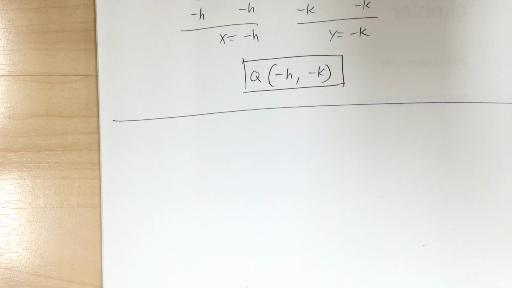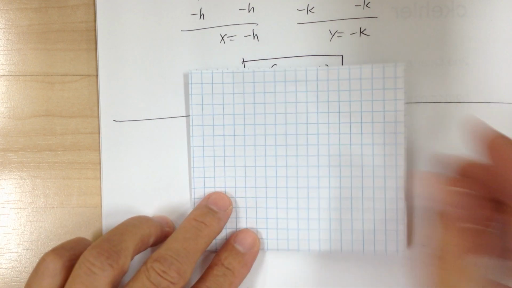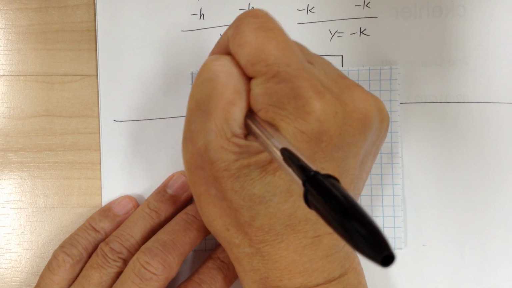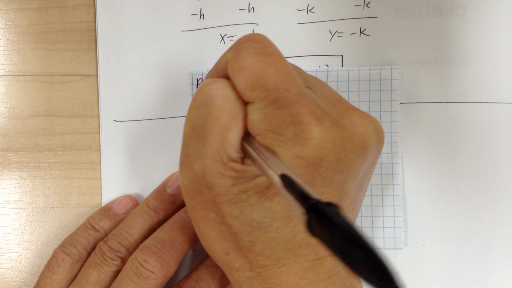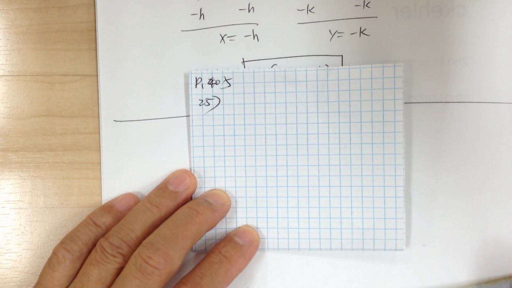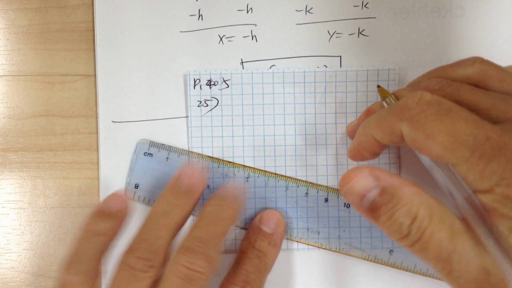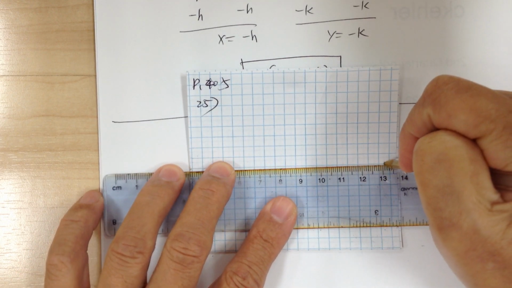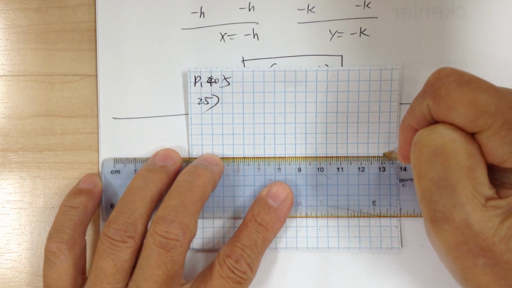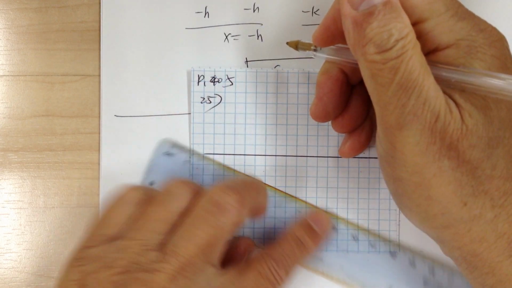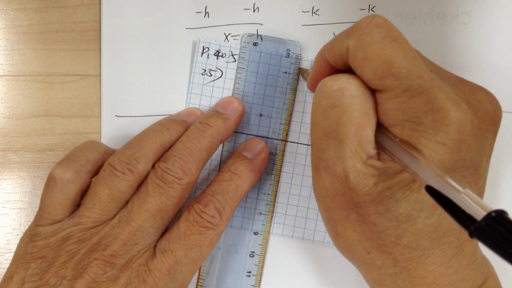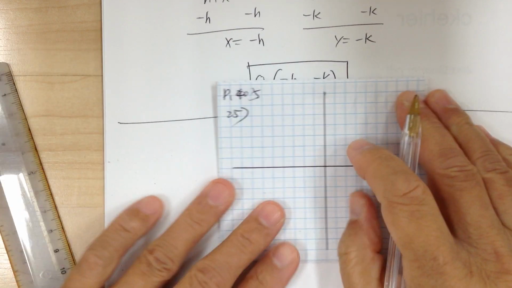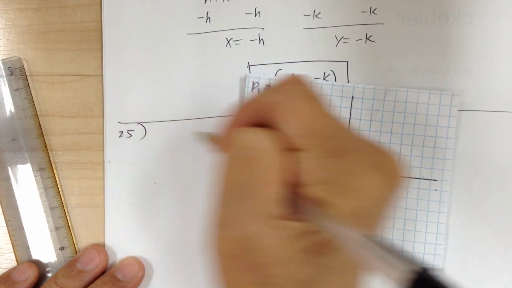For this one, it's probably a good idea to go and plot the 3 points. So let's go and get a graph paper. Okay, so number 25.